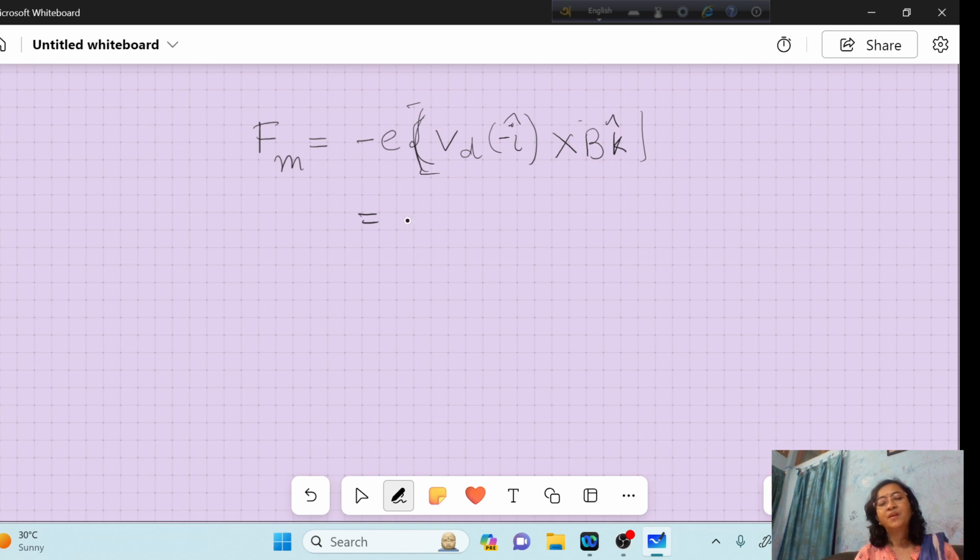So it is plus e Vd B, and i cross k will be minus j cap. That means the electrons will be deflected along the negative y direction.